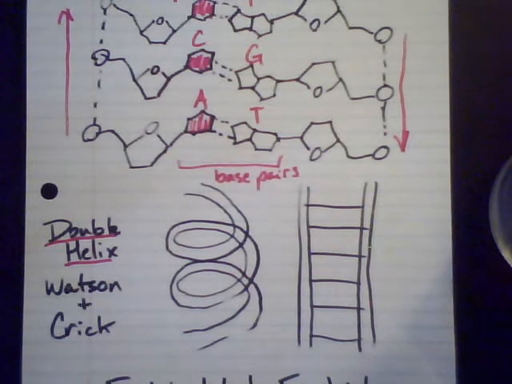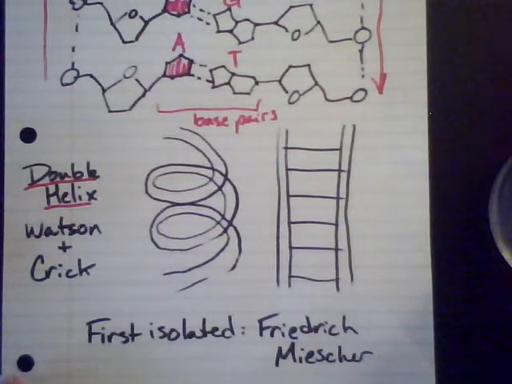DNA was isolated much earlier on by a guy named Friedrich Miescher. So before they even knew what it looked like, Friedrich Miescher was out there actually in the battlefields collecting band-aids, because he was studying pus, of all things, which is sort of disgusting, but that's science back in the day. And he was collecting all these used band-aids so that he can look at the genetic material.